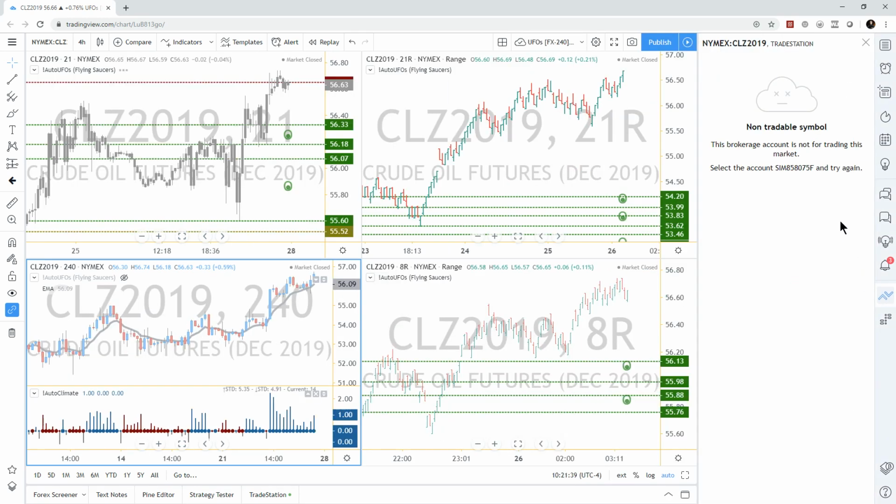Interesting. I don't understand why I'm getting that error message. Okay, so I will not be able to demonstrate this. I'm not sure why. Maybe it's a weekend maintenance thing or something. But anyway, as you can see on the bottom here, I am connected real time with TradeStation.